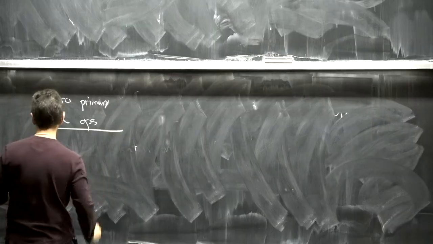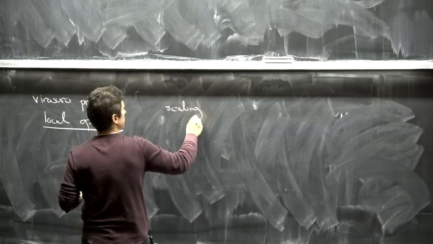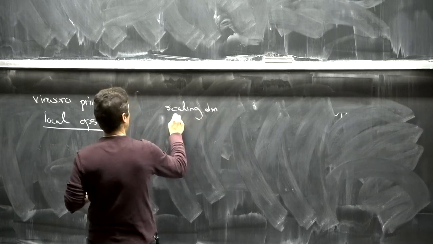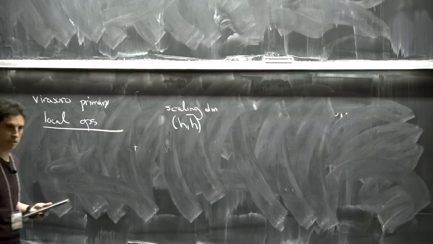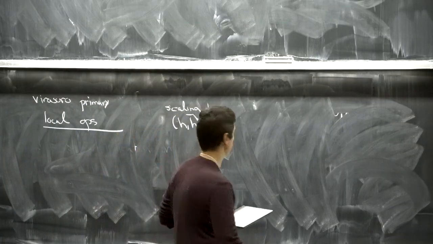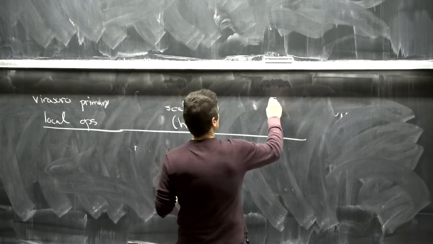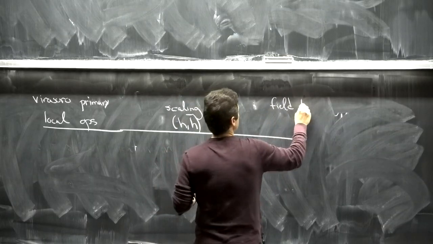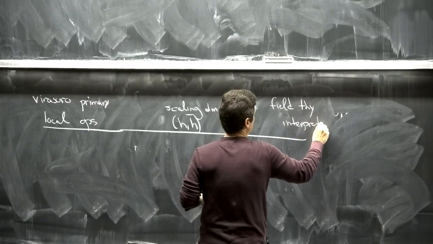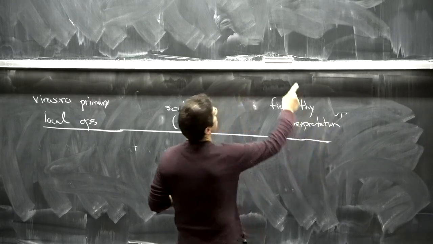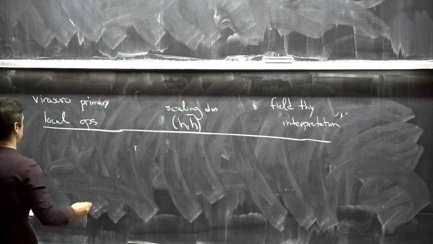So that will be one column. We'll also have here the scaling dimension and the spin, which I'll group as usual into a pair H and H bar. Those are the eigenvalues of L0 and L0 bar, if you know something about 2D CFT. And then, just to help you get some intuition, what is the UV field theory interpretation of each of them? So in terms of that scalar phi that we started with.